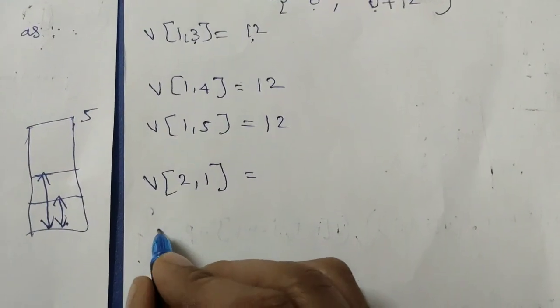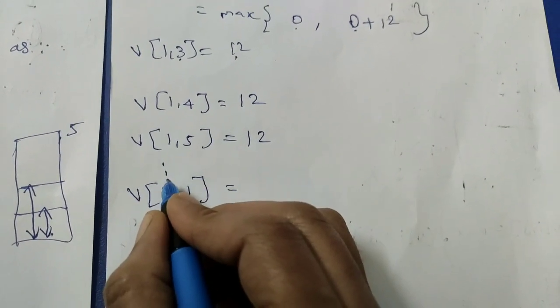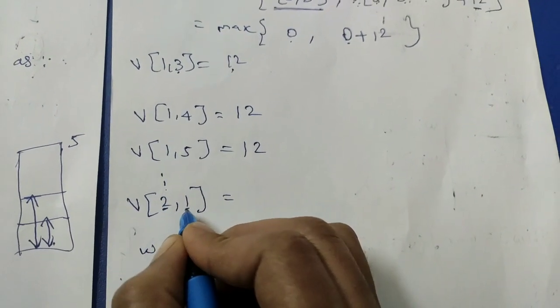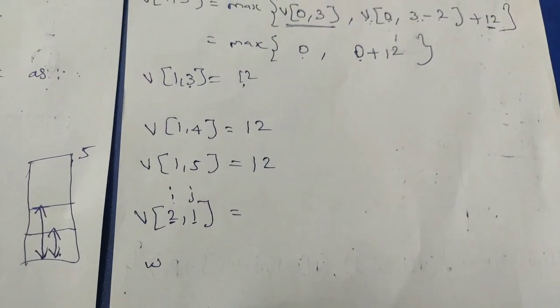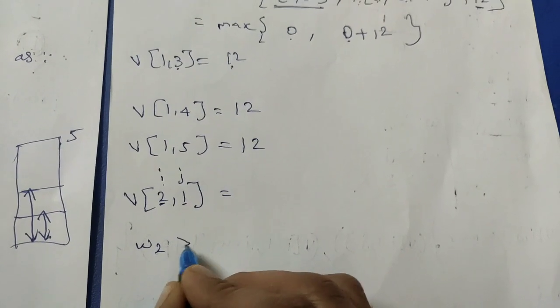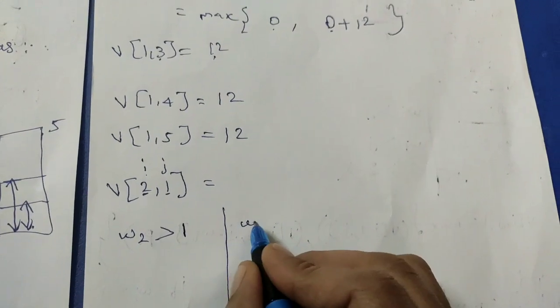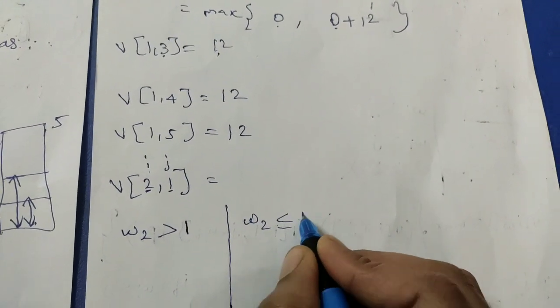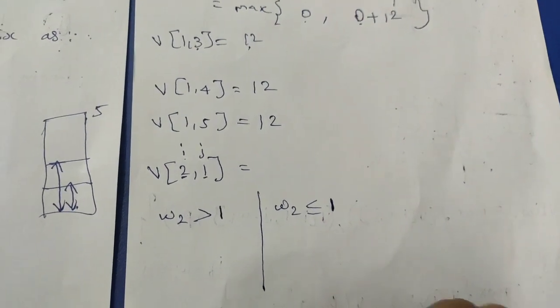Now check the condition. Here the item number has changed, that is 2, and the current knapsack capacity is 1. Check whether the weight of the second item is greater than the current knapsack capacity 1, or whether the weight of the second item is less than or equal to the current knapsack capacity 1. As per that we will select the formula.